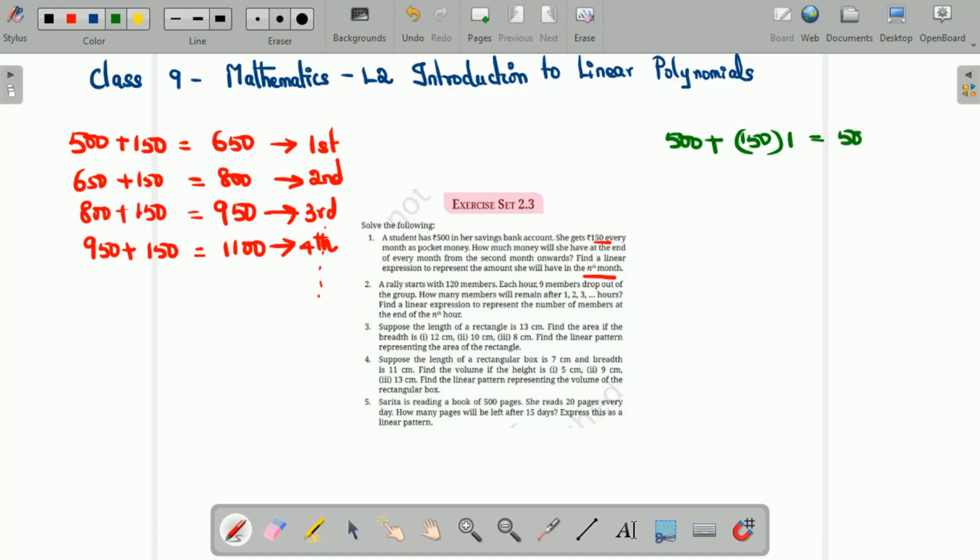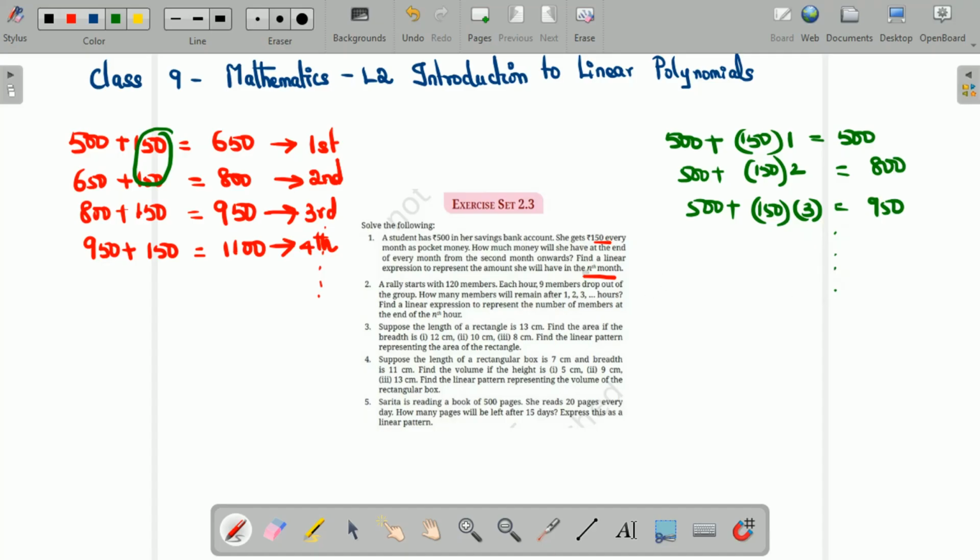At the end of the second month, two 150s get added, so it is 2 into 150 that fetched me the 800. At the end of the third month, I can calculate 150 into 3, which generates 950, and so on.